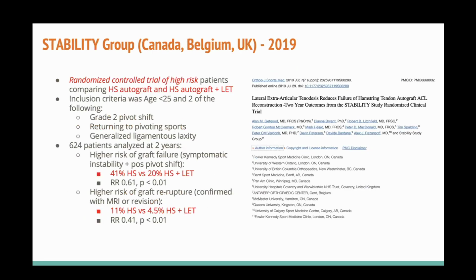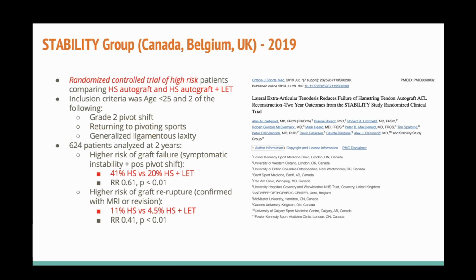The stability data comes out of mostly North America, mostly this guy, Alan Getgood, who's practicing in Canada. And he did a lot of work while the Europeans were doing the ALL. He did a lot of work with LET, and he was basically looking at hamstring ACL reconstruction and ACL reconstruction plus an LET.